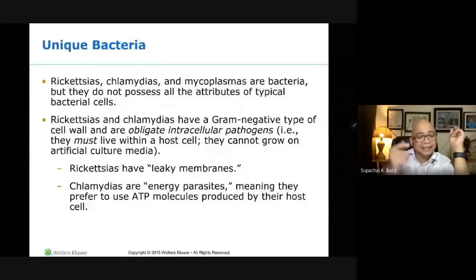In fact, Rickettsia have leaky membranes. Chlamydia cannot be grown on artificial culture media because they are energy parasites, meaning they prefer to use the ATP of the host cells. So they are like viruses, but they are not viruses. They are prokaryotic cells.